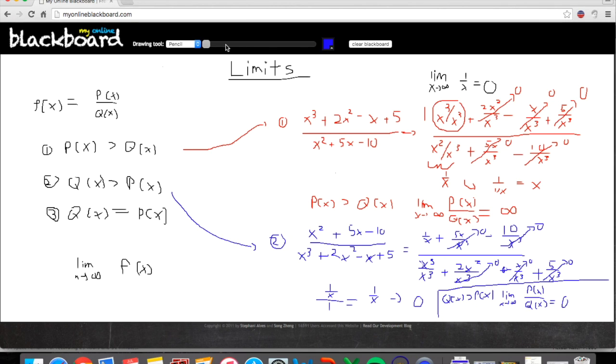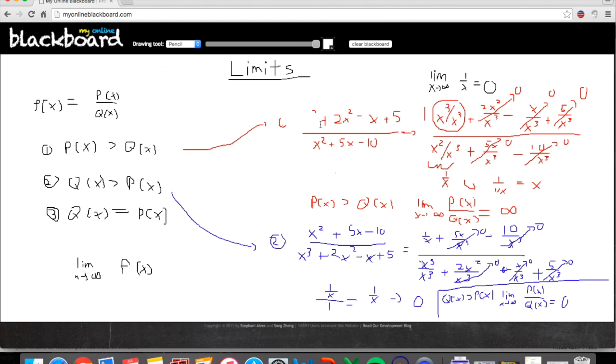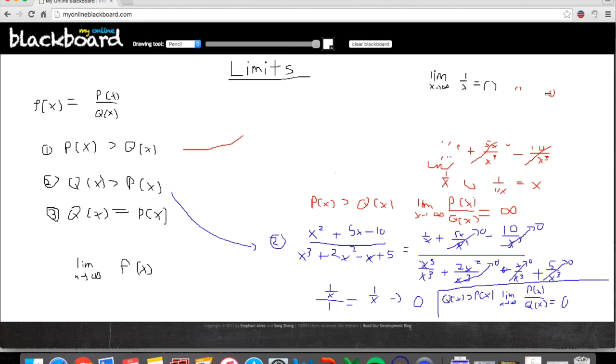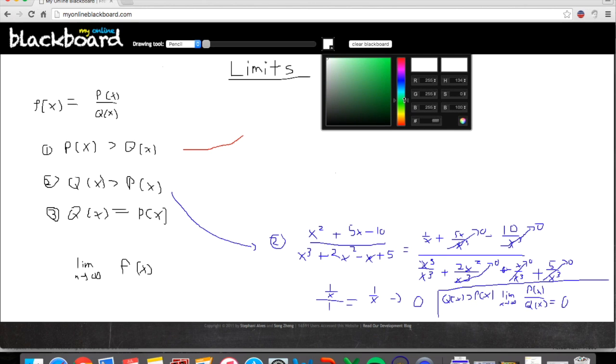Alright, and now the last thing is when they are equal, and again, this will just be the exact same process, but let's erase this on the top so I have enough room. You can go back in the video if you missed any of it. And, alright, let's do this in a different color, in green.